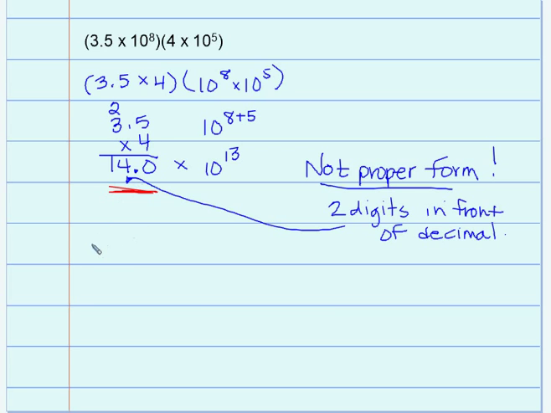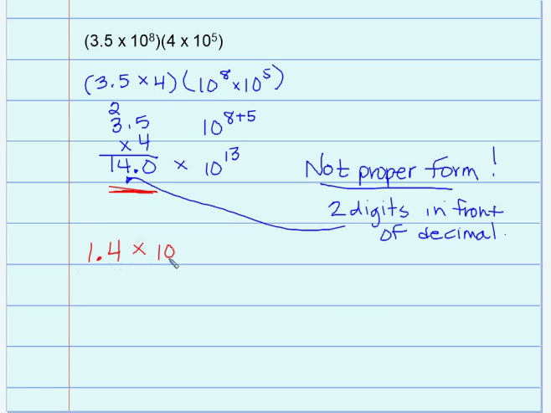We're going to take the 14 and we're going to write it so that we have one decimal in there. And the only place we can put the decimal is in between the 1 and the 4, so that we have one non-zero digit in front of the decimal. Okay, but in order to do that, I need to multiply that times a power of 10, so that when I take 1.4, I get 14.